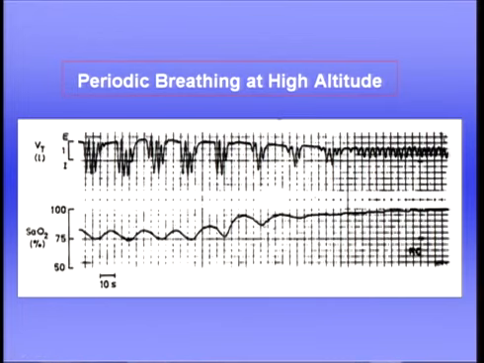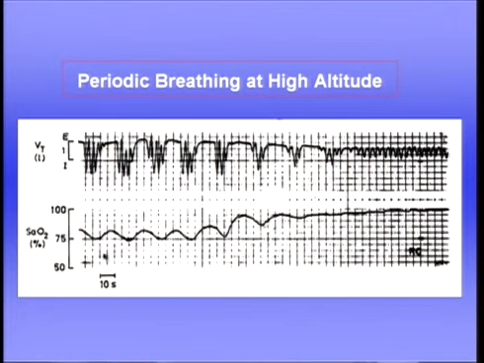And then after a series of big breaths, there's a period of apnea, which may last 10, 15, even 20 seconds. And if you happen to be at high altitude and you're sharing a tent with somebody who shows sleep apnea, it's rather alarming, because after a few breaths he stops breathing, and you wonder, is he ever going to start again? But after 10 or 15 seconds, these enormous big breaths occur. So this is called periodic breathing. It's almost universal at high altitude in normal subjects.